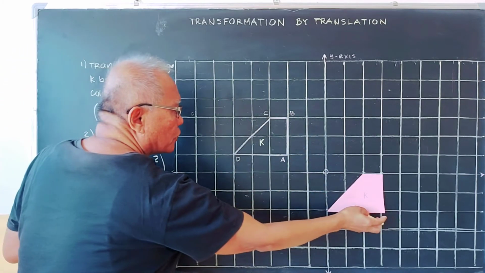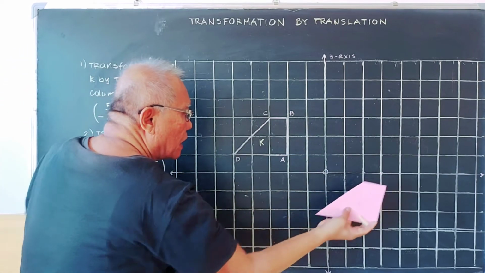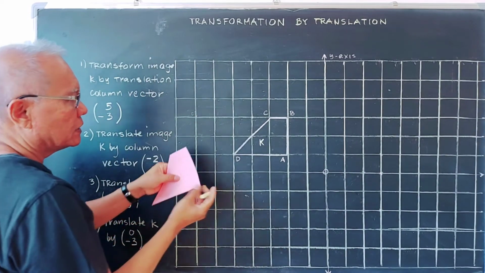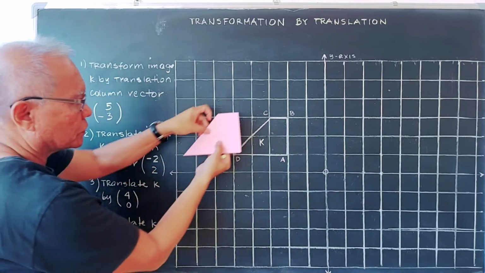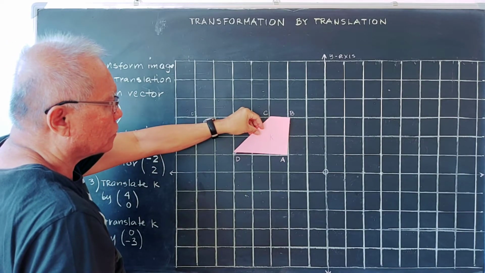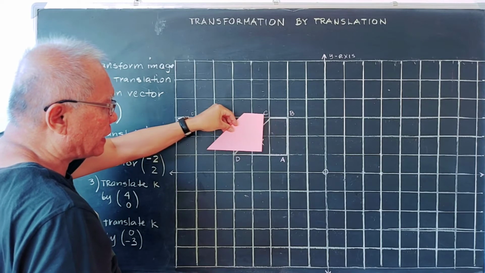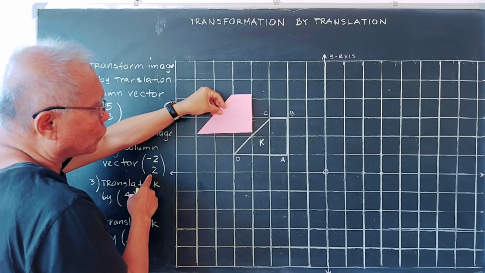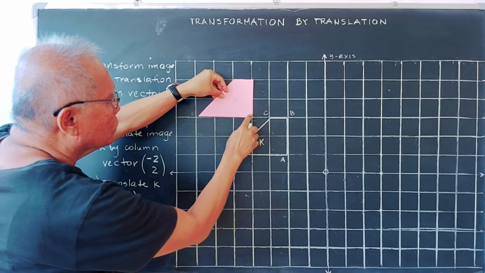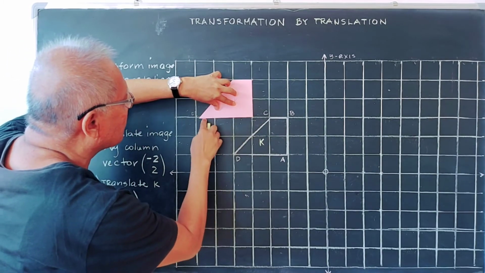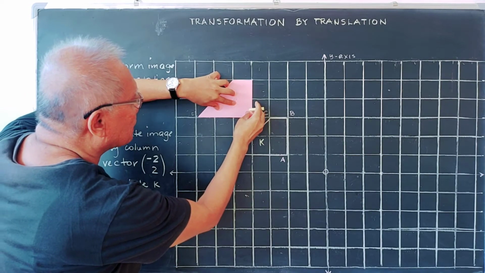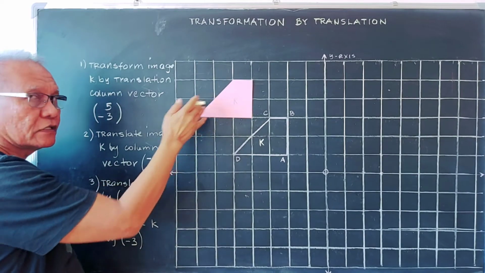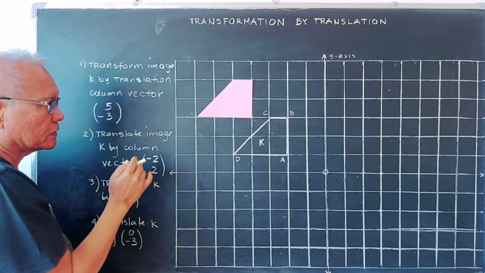So our image, the translated image, is, let's have the whole figure, -2. So -2 means the whole will move 1 and 2. And then afterwards, it will go up by 2. 1 and 2. So our image now is here. So this is our moved figure, the translated figure, or image.